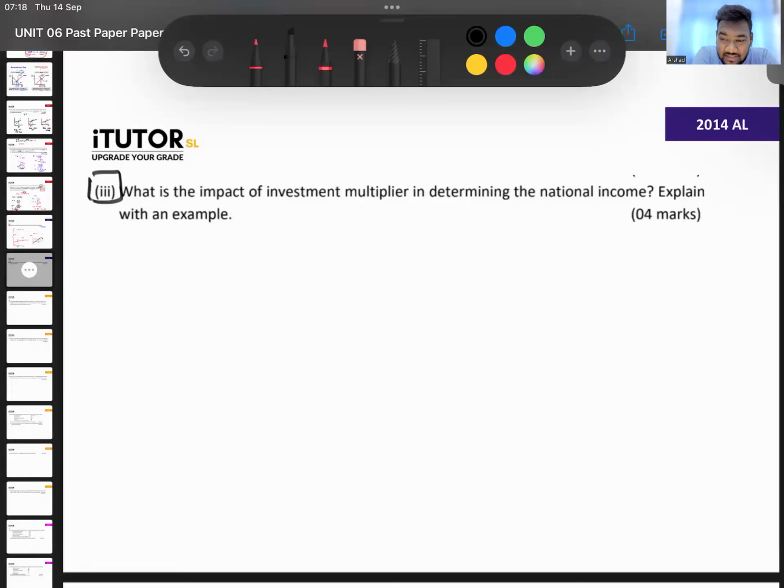The investment multiplier. So you can also then go and say, look here, the investment multiplier is equal to the change in national income, divided by the change in investment. So what you need to try to show is that this increases multiple number of times.